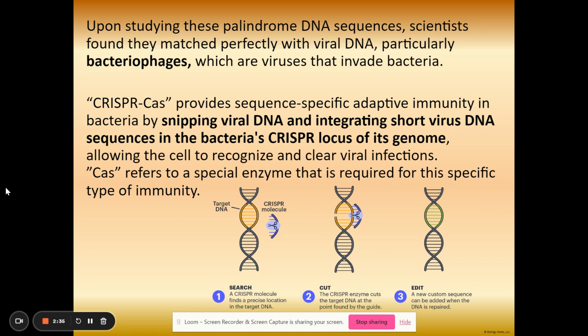And the second part, if you look at it, once this target DNA has been identified, then the CRISPR enzyme cuts the target DNA at the point found by the guide. Again, the point found by the guide, using enzymes, these restriction enzymes, to cut at these locations.